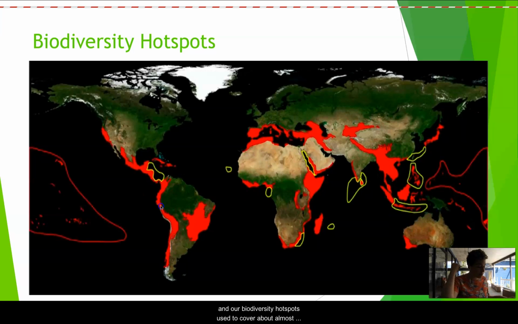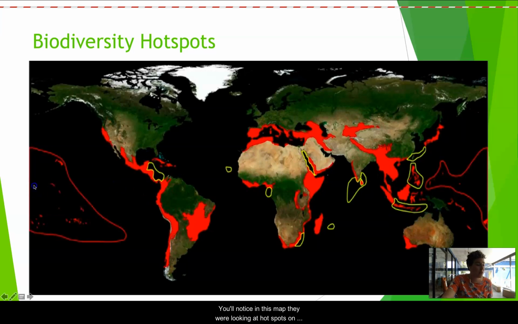Our biodiversity hotspots used to cover almost 16% of the planet, and now they cover only about 2.3% of the planet, mostly because of habitat loss. So there's a lot of focus on these places as ones we need to preserve and, for instance, turn into parks and create protected areas in order to keep the biodiversity of those areas from being lost any further than it already is.